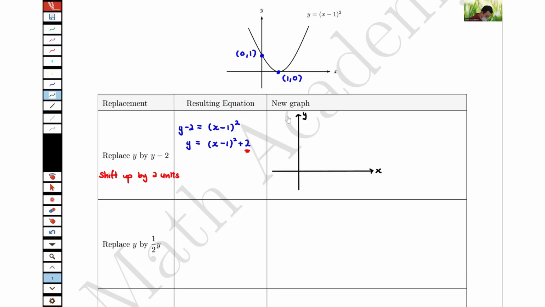We will draw in that quadratic graph, and that lowest point is also shifted up. So that lowest point is now at 1, 2. Your y-intercept coordinate also changes, it's 0, 3 respectively.